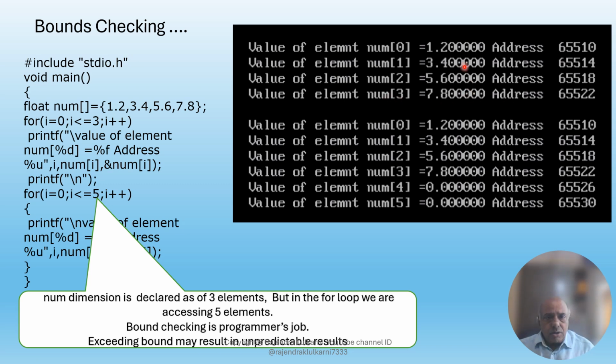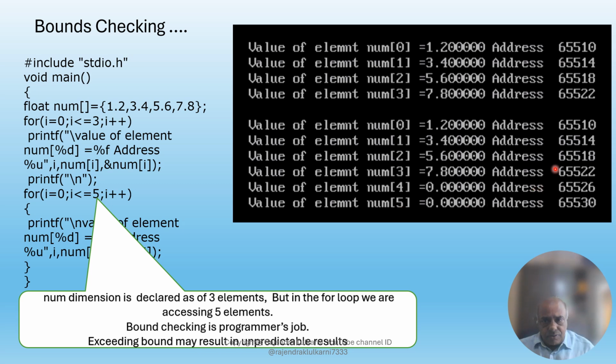So I got the correct values in the first loop where i is less than or equal to 3. In the second loop where i is less than or equal to 5, 4 elements came out displayed correctly, element number 0, 1, 2 and 3. For element number 4 we got 0, for element number 5 we got 0.